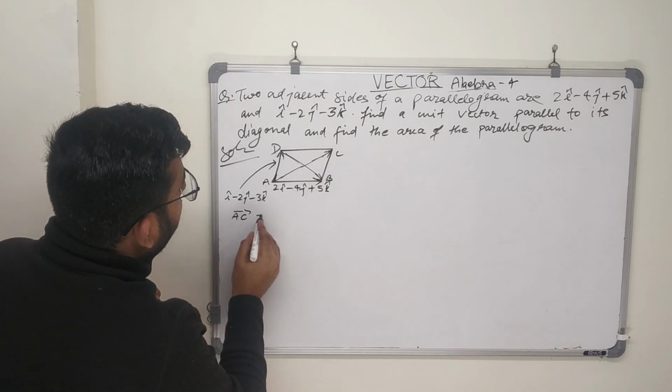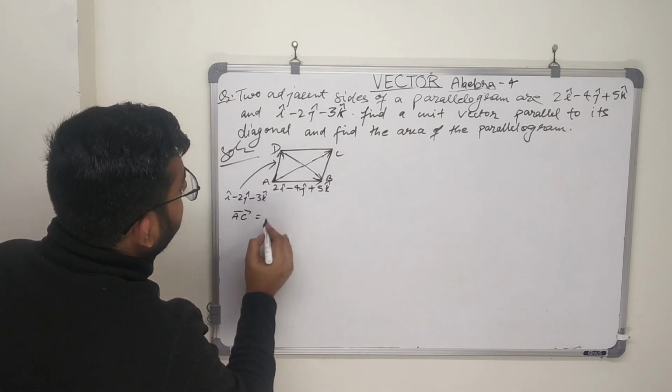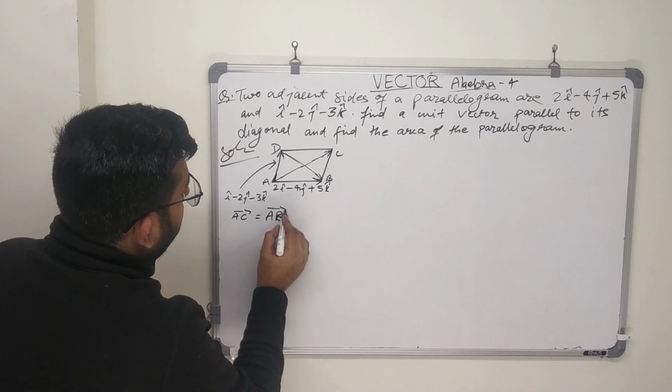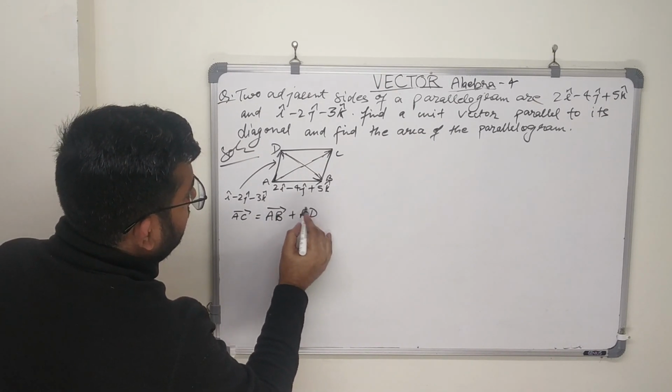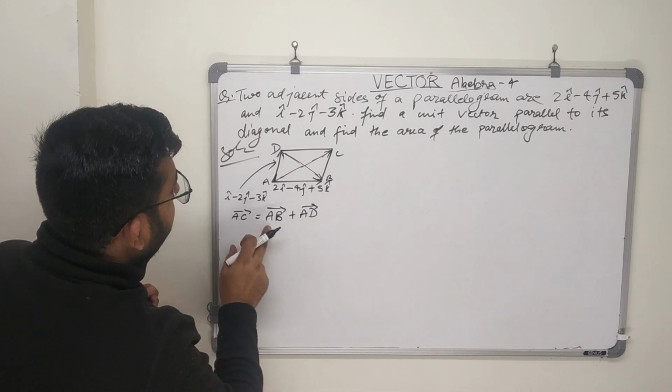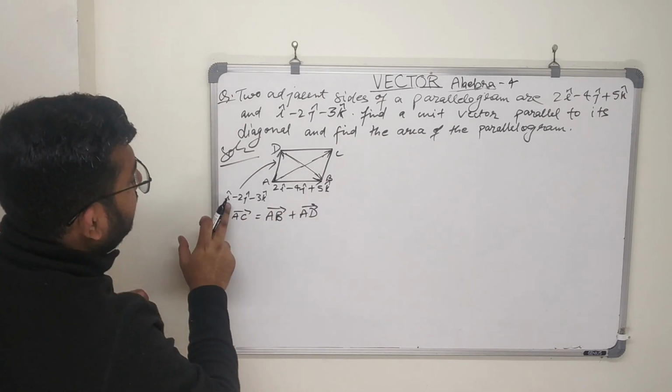AC vector will be equal to AB vector plus AD vector, and we are already given AB vector as this and AD vector as this.